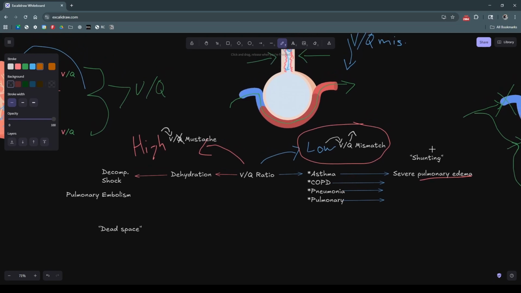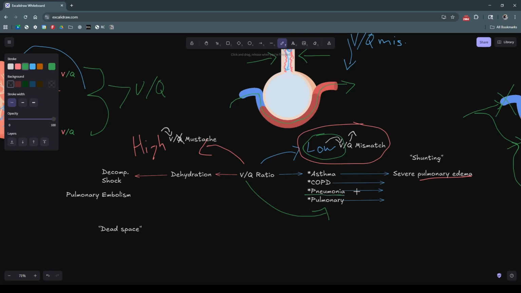So, in summary, and perhaps most importantly, we're talking about a VQ ratio. If our ventilation is low, that describes a ventilation perfusion mismatch, with the fault being on the ventilation. Bronchoconstriction and asthma, perhaps mucus and some inflammatory issues. Also atelectasis or alveolar collapse in some cases.